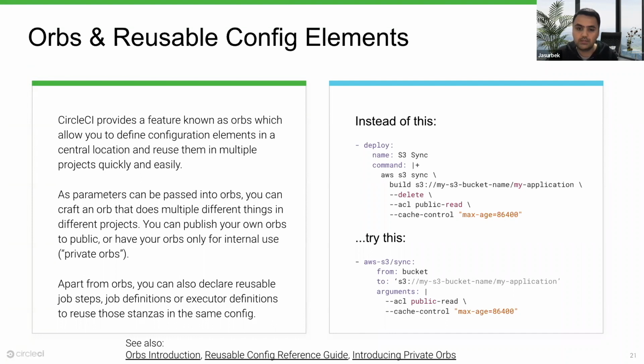Depending on your requirements, you may or may not need orbs. For example, if it's reusable parts within just one project, you may not need orbs, and you can just declare the reusable jobs or commands within your workflow.